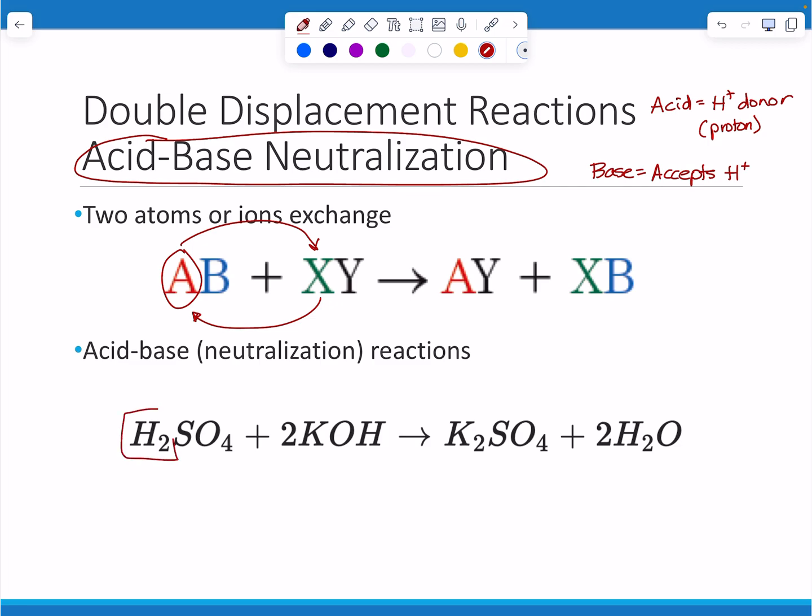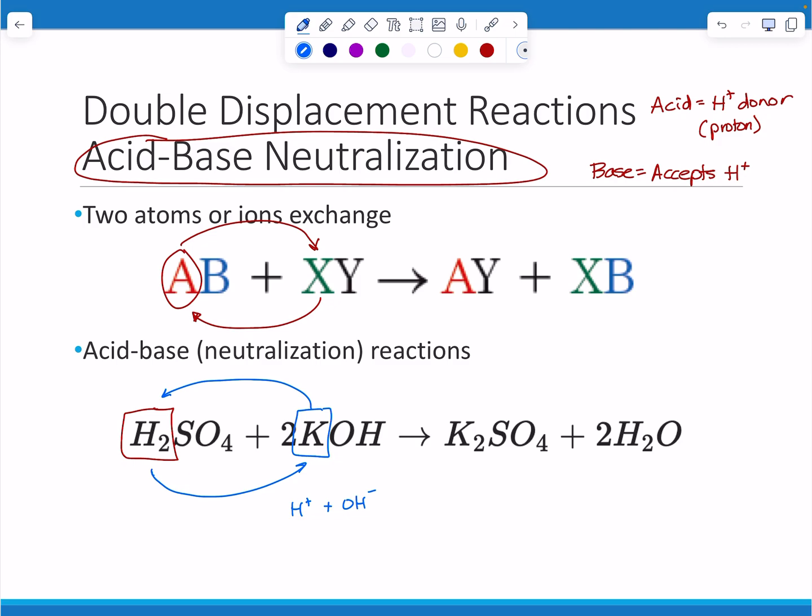So in this case, okay, one of the partners that swaps is going to be a proton, okay? So we've got our potassium ion, okay, and we've got our hydrogen ions, okay, and so they're going to swap partners, okay. What happens when you add a hydroxide ion plus a proton, okay?